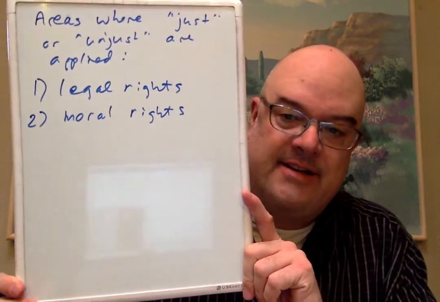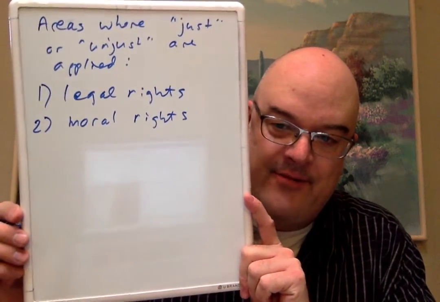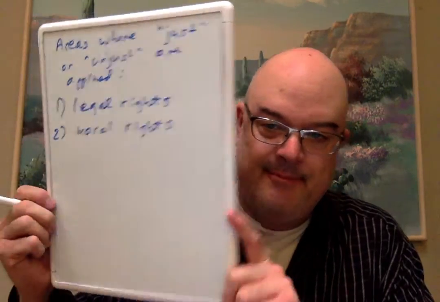We have the notion people are treated unjustly, not because their legal rights are violated, but because the law itself is regarded as unjust, as in Jim Crow laws or apartheid laws, things like this. So, of course, this is closely related to the legal rights, but it extends beyond the scope of legal rights. We have the idea of people having moral rights, human rights, we might say, quite apart from what their legal rights might be.